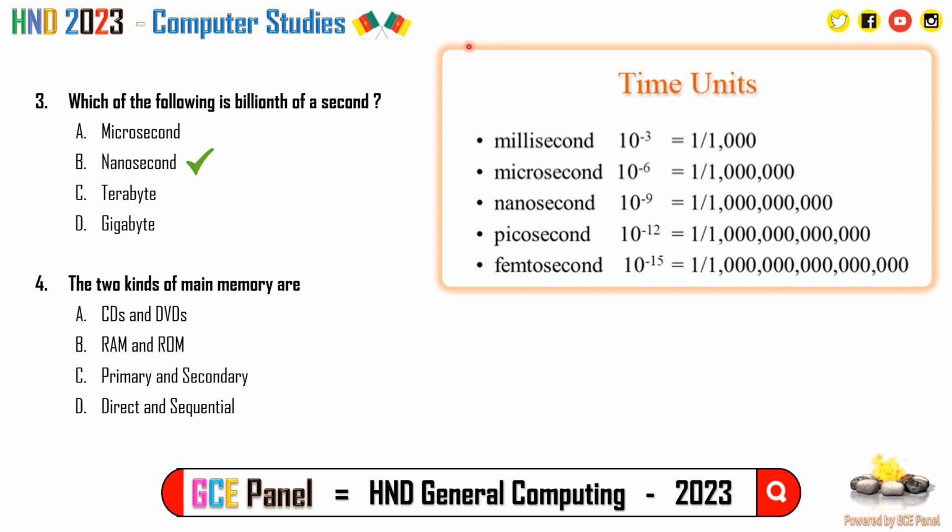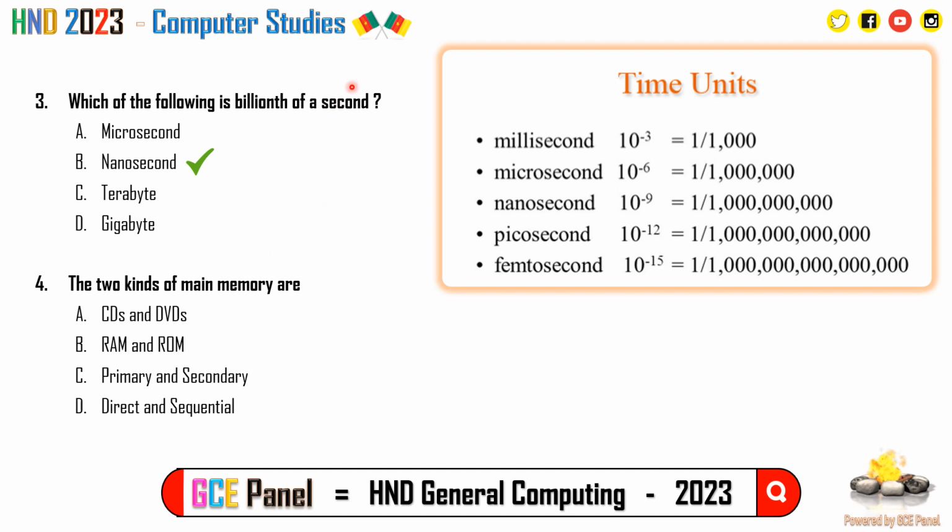Now, equally, the 2 kinds of main memory are. Here they're talking about CDs and DVDs. What is CD? CD is compact disc, while DVD is digital video disc or digital versatile disc. CD and DVDs are not main memory. There are 2 kinds of main memory: you have RAM and ROM.